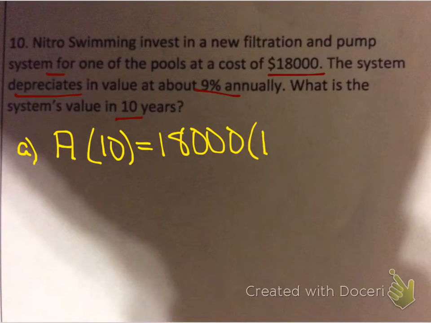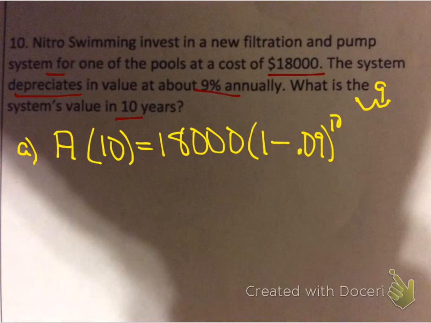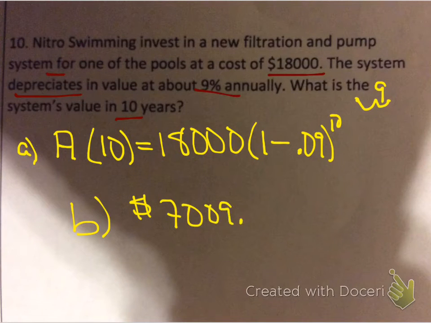We're saying 1, because it depreciates, that's a minus, and we're changing this 9% to a decimal, which means 0.09 raised to the 10th power. And you press enter, and you have your answer for part B, and that answer is $7,009.49.